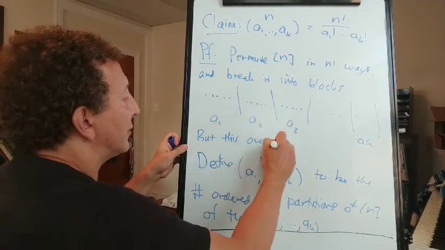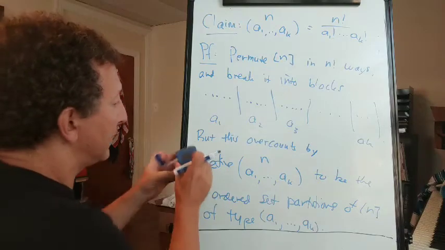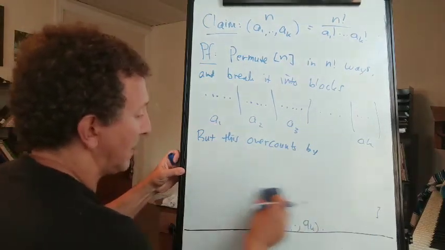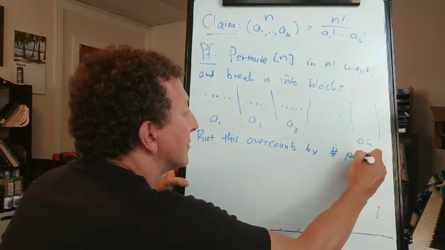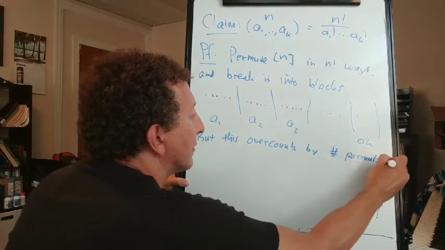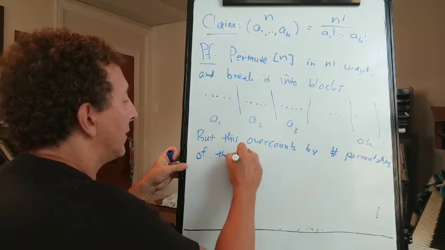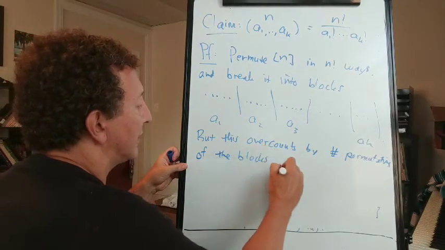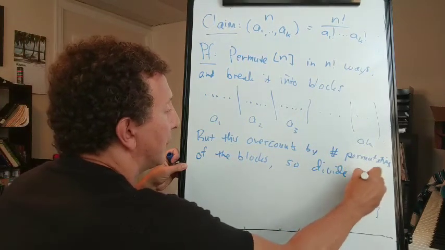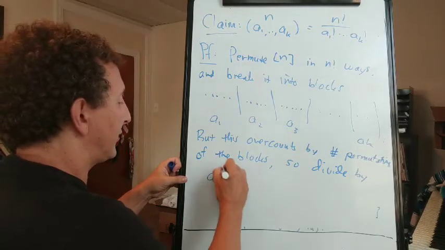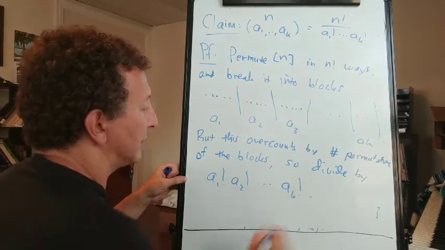So this overcounts by the number of permutations of the blocks. So we have to divide by a1 factorial, a2 factorial, etc., up to ak factorial.